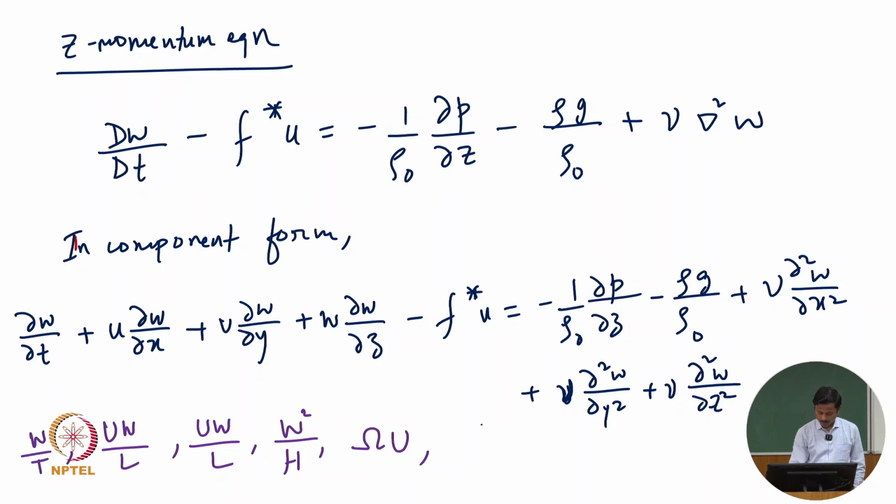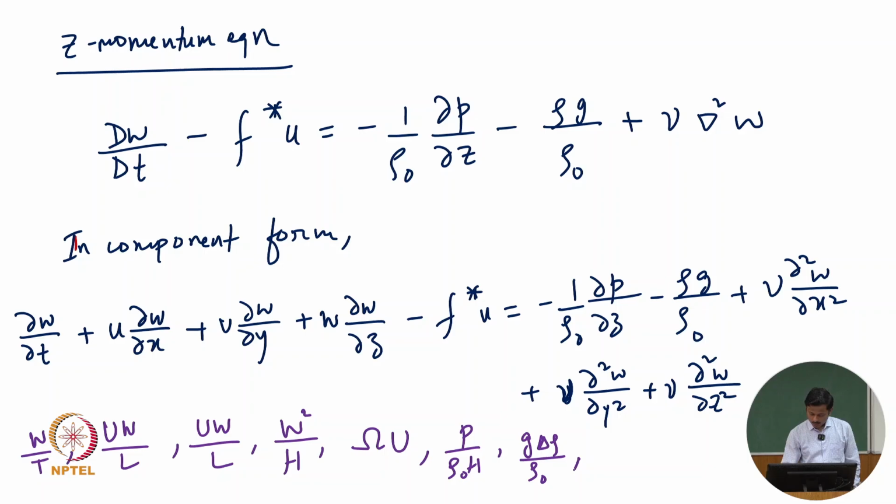The pressure gradient term scales as p by rho naught H. The buoyancy term scales as g delta rho by rho naught. The reason why we have written delta rho is because this rho is actually a fluctuation. This is what we have repeatedly emphasized, that anywhere that rho appears is a fluctuation rho.